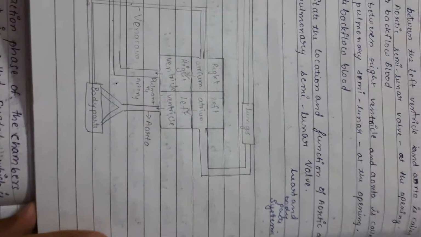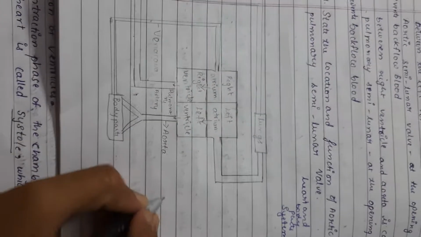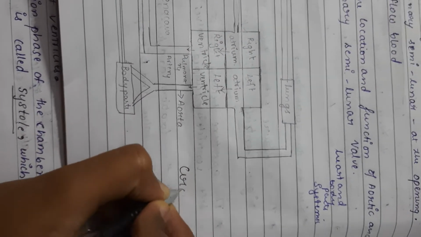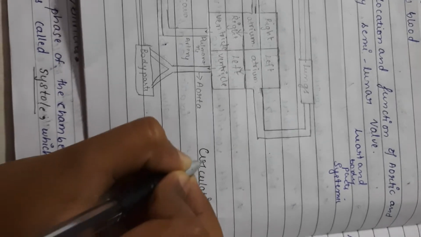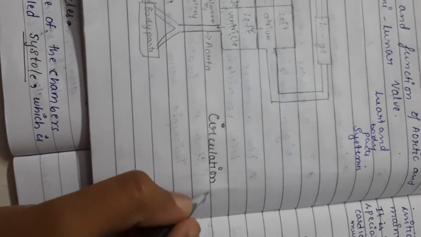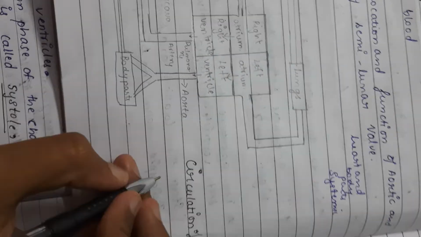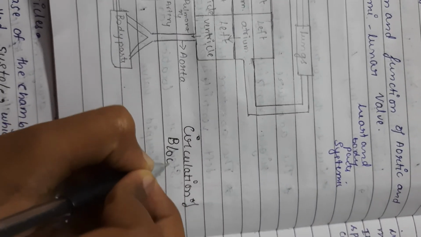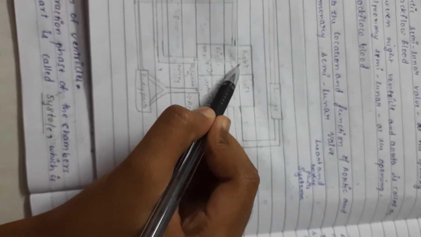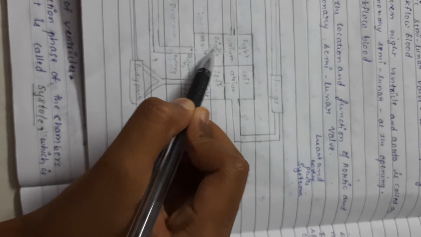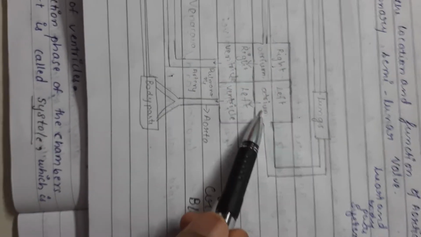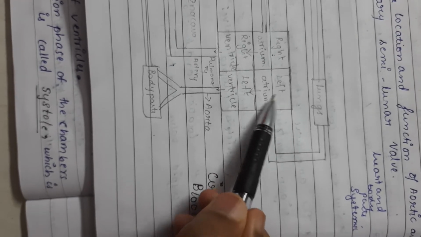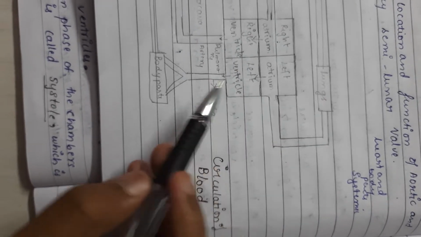Okay, so this is the circulation of blood. From the right atrium, the blood flows into the right ventricle. From the left atrium, the oxygenated blood flows to the left ventricle.